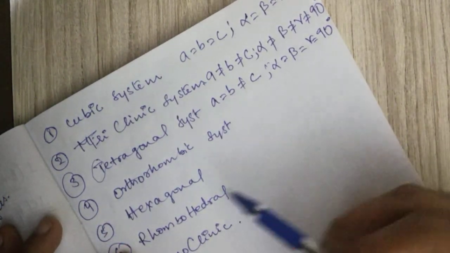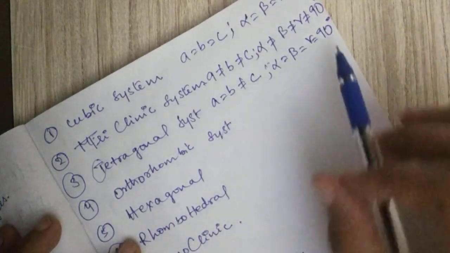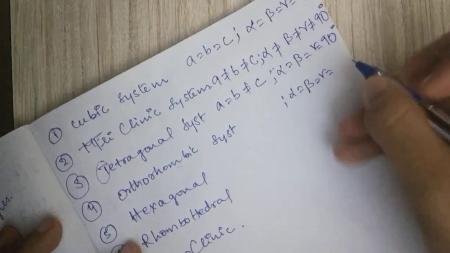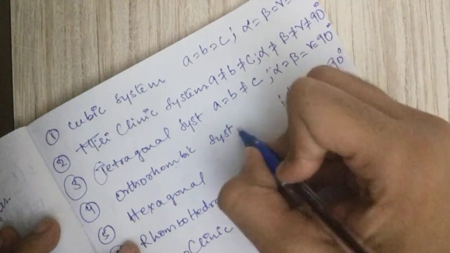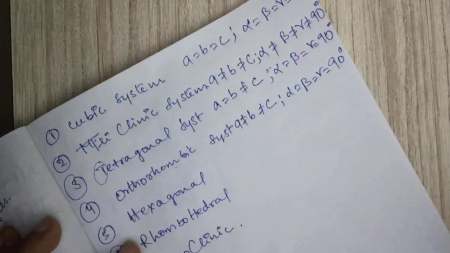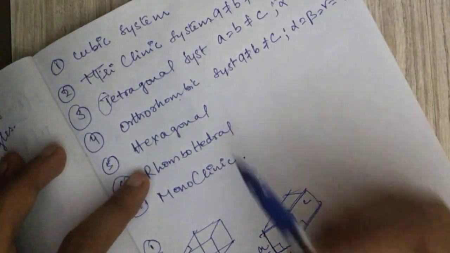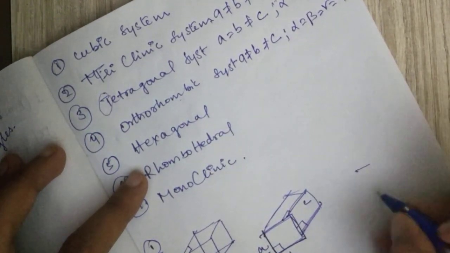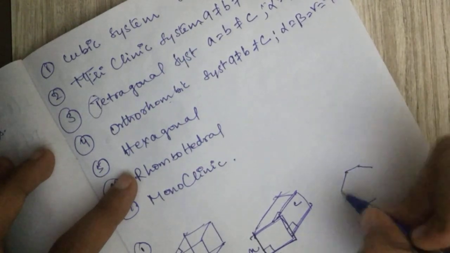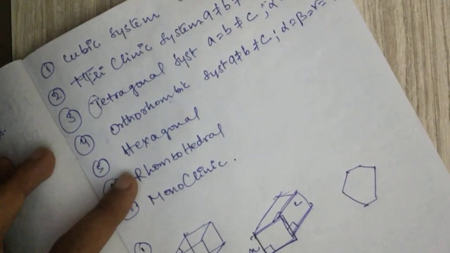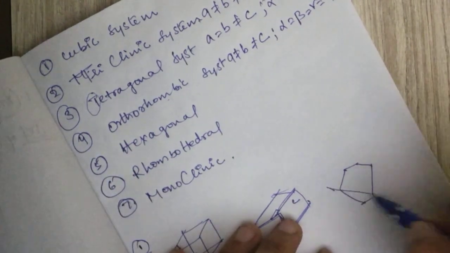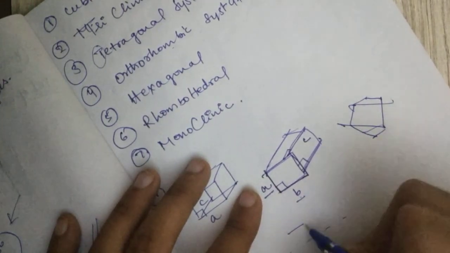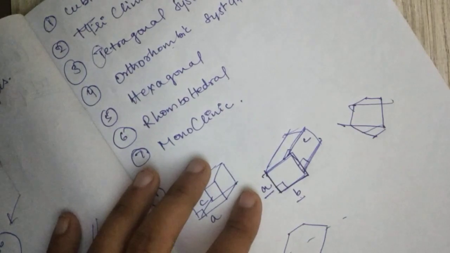Coming to the orthorhombic system, ortho means 90 degrees. That means all the angles are 90 degrees, but the sides are not equal. Now coming to the hexagonal system. The name itself represents a hexagon.